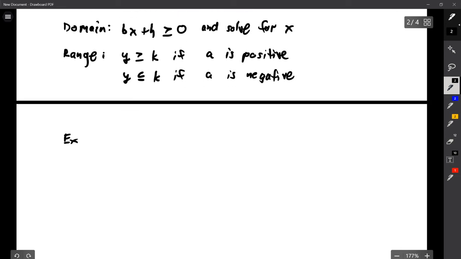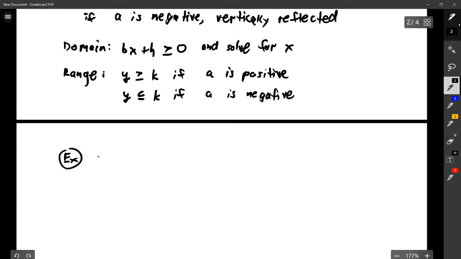So let's say example. Here's what we want to do. We want to state the domain and range.